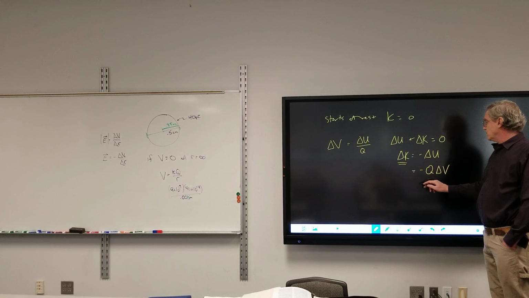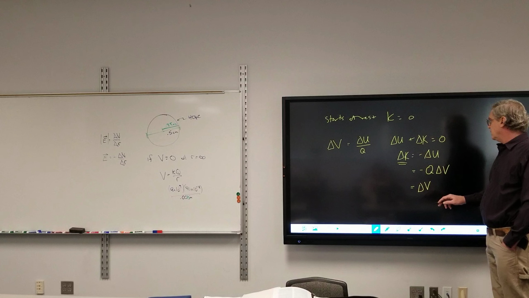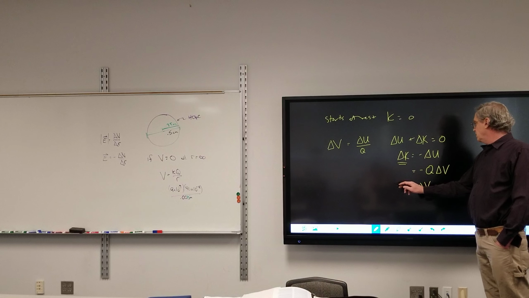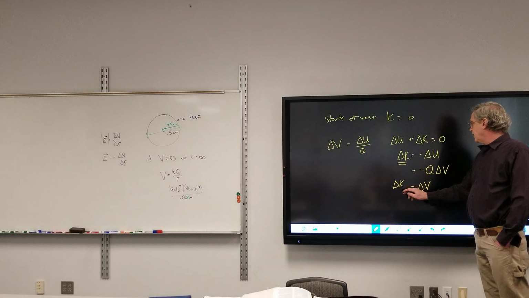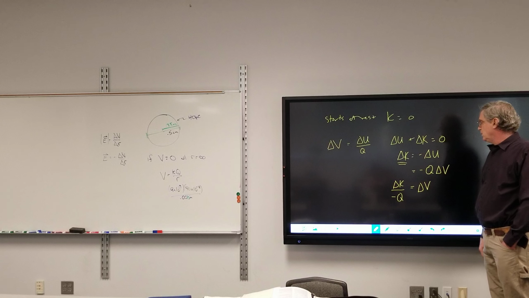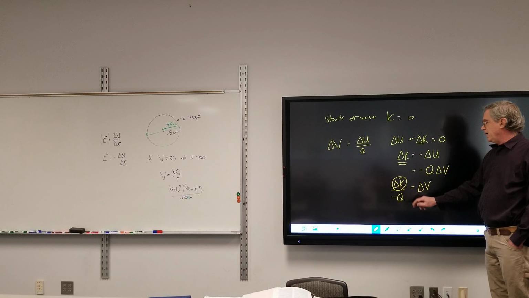We know what Q is, so delta V would be delta K over negative Q.